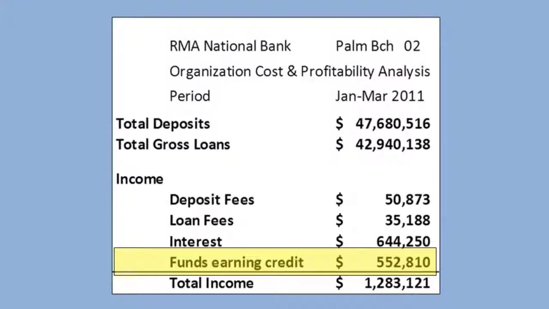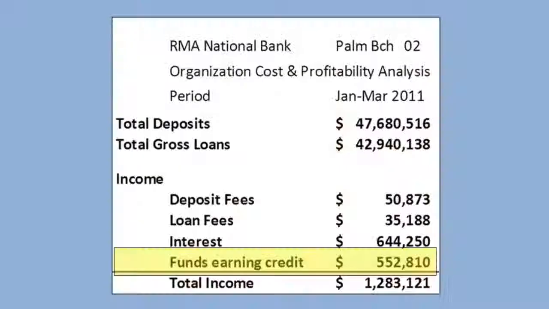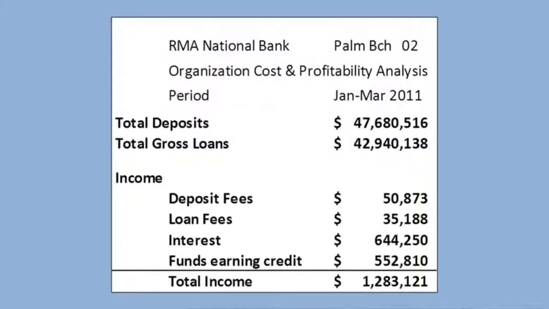That's usually the big elephant in the room. That is the credit that we give the branch for putting that $47 million into the pool. We've determined a way that allows us to give credit or buy the money that they put into the funds that is a function of the true cost of funds. And that's what the webinar or the website will deal with in much more detail.